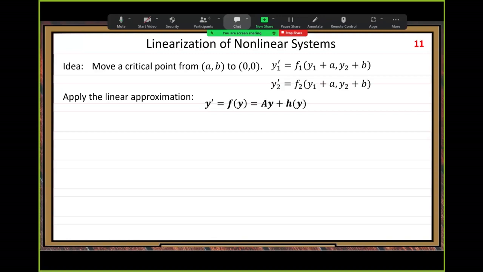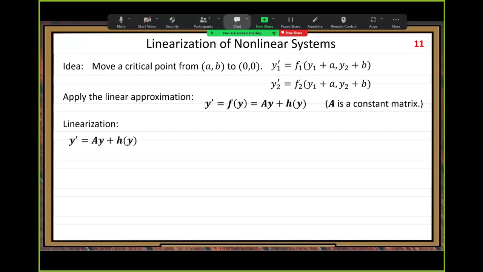Later you will see, we have some special way to extract the linear terms. We put all the linear terms together, so we get an A matrix. Non-linear terms we throw into that H function, containing all the non-linear terms. So this is called a linearization.